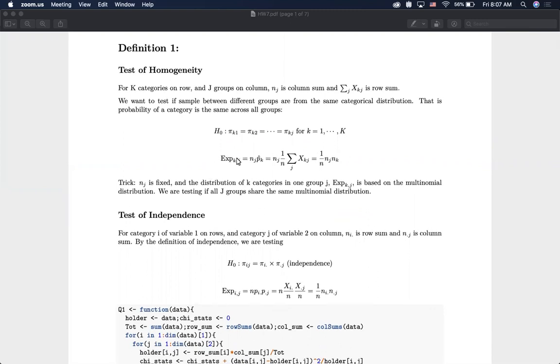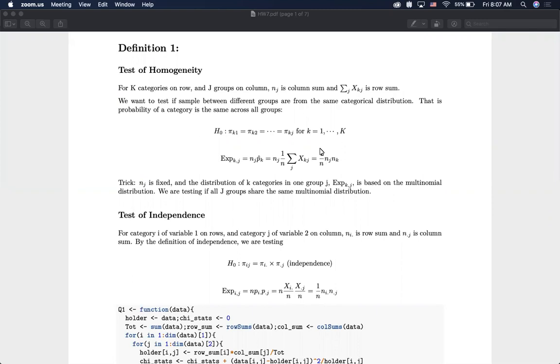Here we also have the expected value for the kj cell, which is n sub j, the column sum, multiplied by the probability of that category. n sub j is the number at the bottom for the jth group, and pk is the probability for the entire kth category. pk is 1 over n times the summation over j, which is the row sum, divided by the total sample size, multiplied by the column sum.